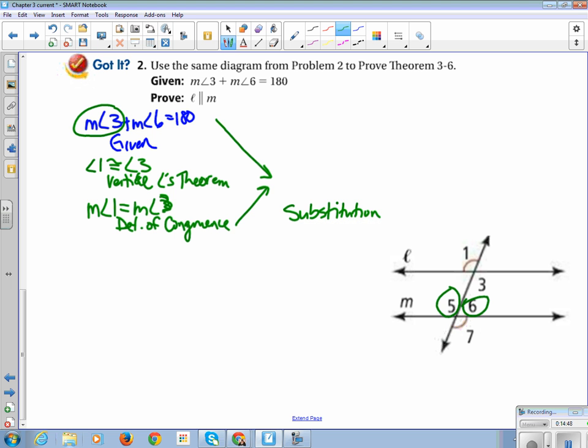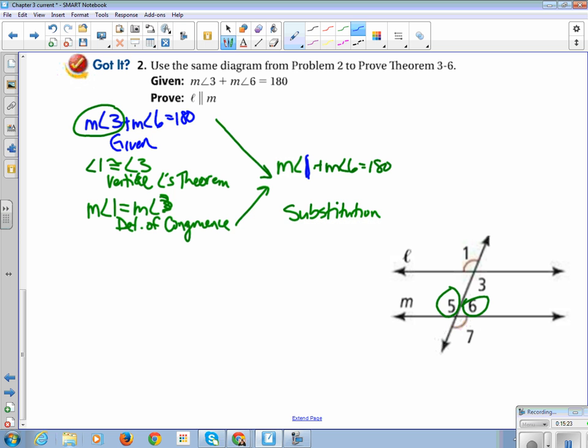So we're going to say the measure of angle 1 plus the measure of angle 6 is equal to 180, and do that by substitution. Oh, sorry, measure of angle 1. So we're taking out angle 3 and putting in angle 1. We gave reasons why we can substitute, because angle 1 and angle 3 are the same. We're taking out angle 3 and putting in angle 1 by substitution.